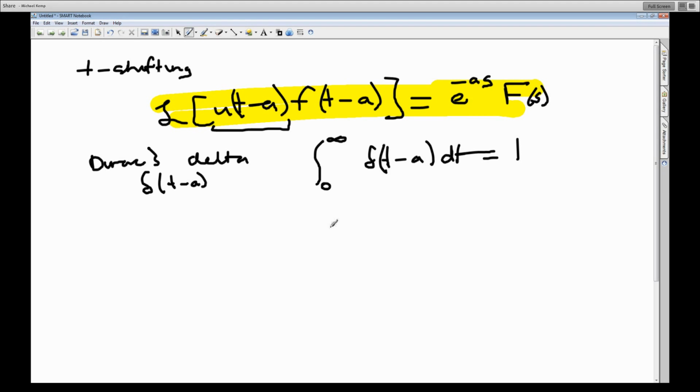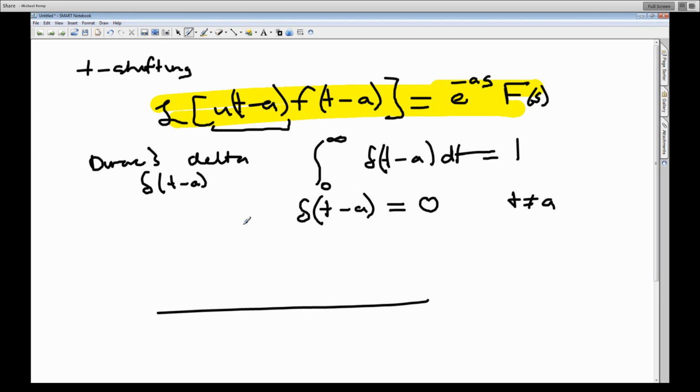I want to draw the picture of it. Secondly, when T is not A, so everywhere except at the point in question, it's 0. So if you're trying to think what is this, let's try to draw a picture of what it looks like.